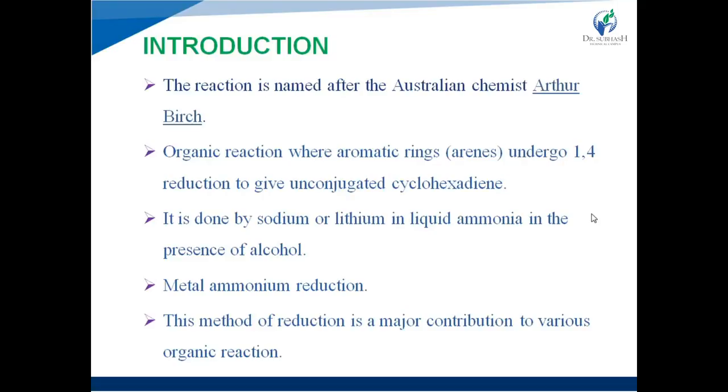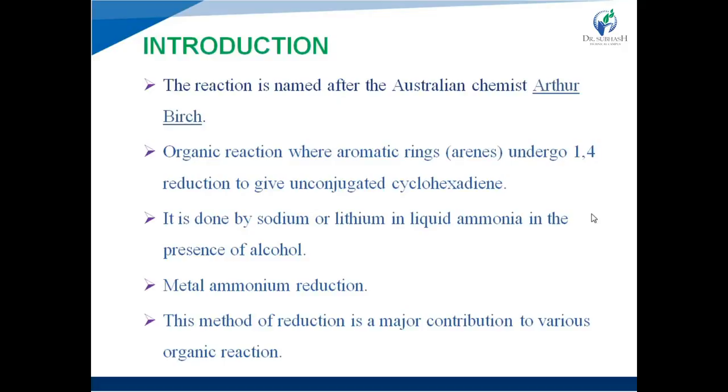We have seen many types of reduction reactions which reduce open chain aliphatic compounds or different types of organic groups present in open chain compounds. But there are no such reactions that reduce the double bond present in the aromatic ring, that is the benzene ring or related aromatic rings.